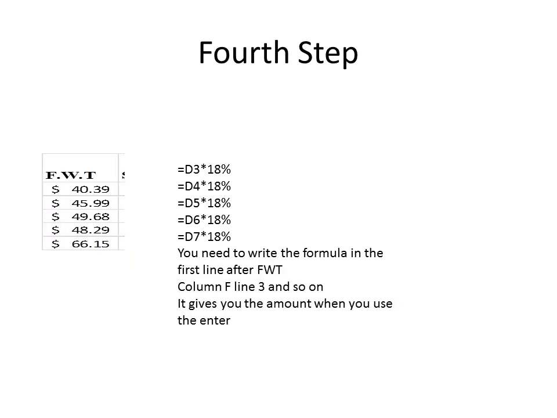The fourth step, you have in column F the FWT, and you need to write in the first blank cell the formula equal D3 times 18% and enter, and 40.39 pops up. Okay, and you need to do the same thing for the next.